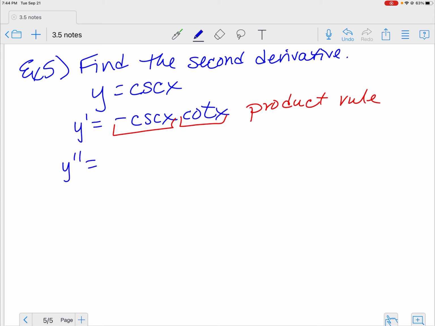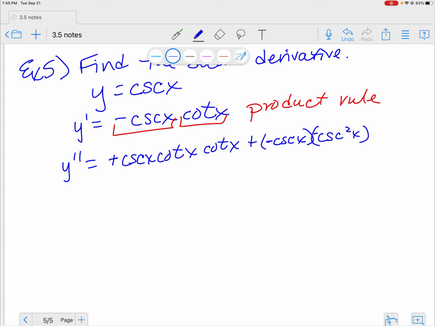So the derivative of the first, so it is this negative of negative, the derivative of cosecant is cosecant cotangent, times the second, plus the first, which is negative cosecant, times the derivative of the second, which is that negative cosecant squared. So this negative times a negative over here is a positive.